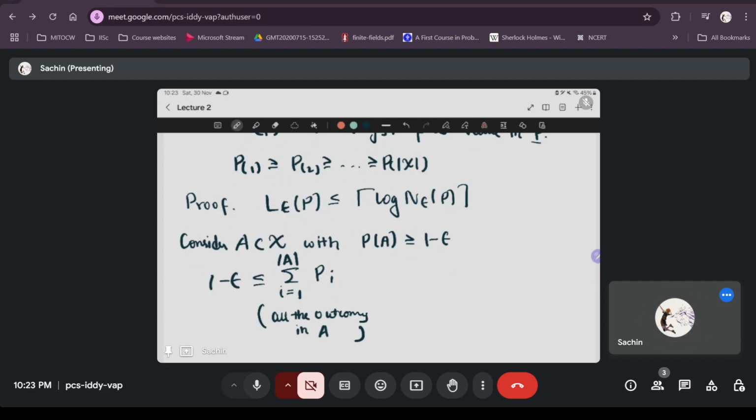Now this is the sum of a set of cardinality of A outcomes, right?